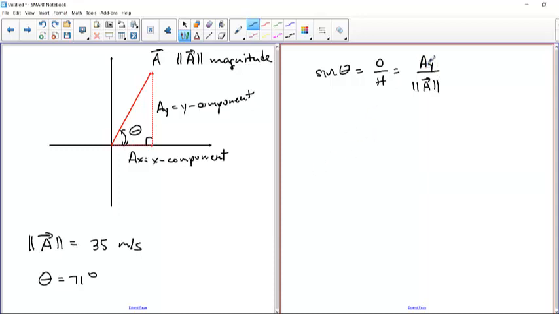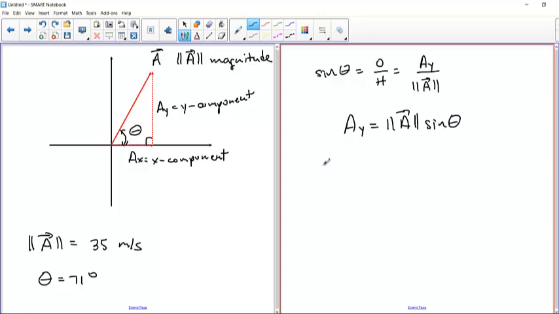So when I talk about components, they have a direction, but the direction is indicated by the subscript. So I know this is pointing upward with a certain length. So that's the y component. The magnitude of the vector is the length of the vector. So if I solve for the y component of the vector, it's just equal to the magnitude of the vector times the sine of the angle theta.